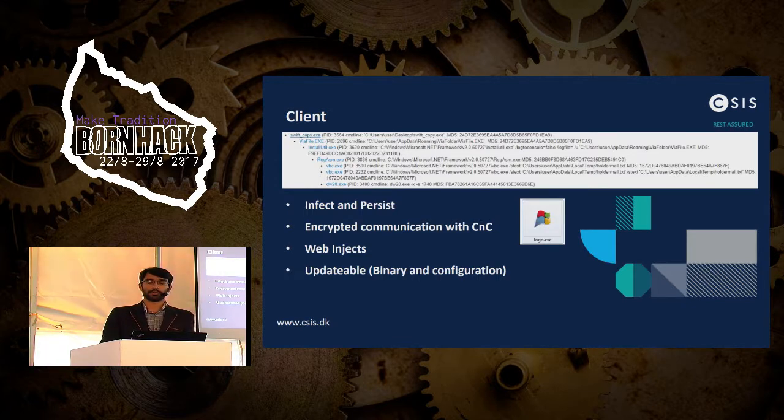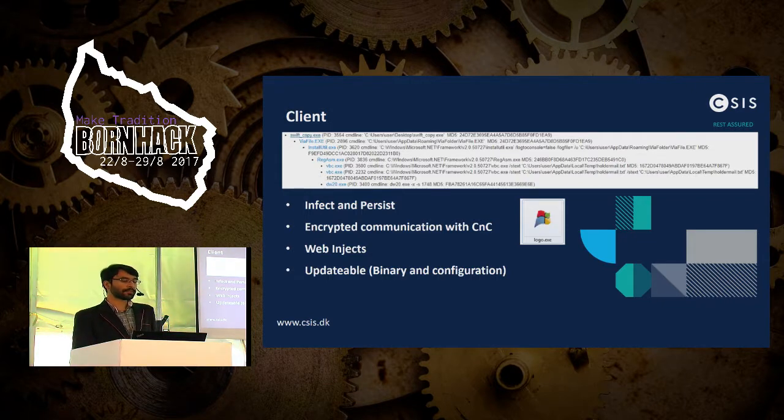It should be able to infect, and that infection should be persistent. So when a computer restarts, the malware should be able to restart itself. And it needs to be able to communicate with the CNC server, and that communication needs to be encrypted, so it can't be detected at the network level.